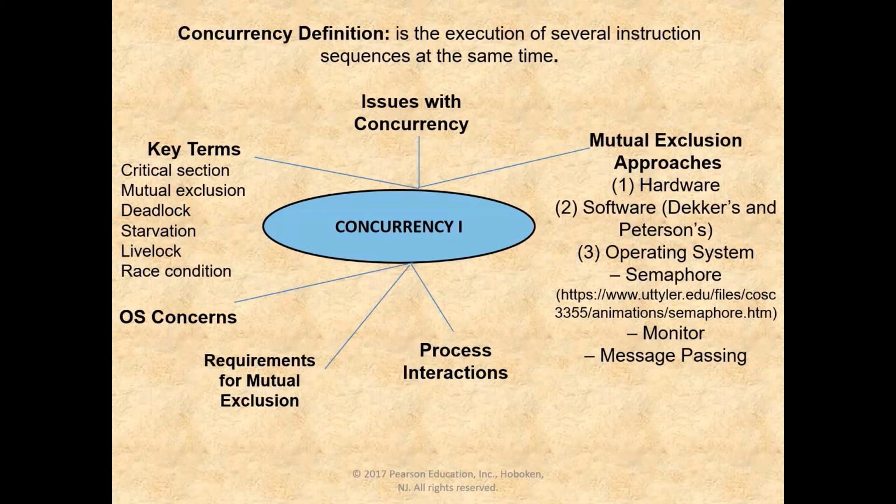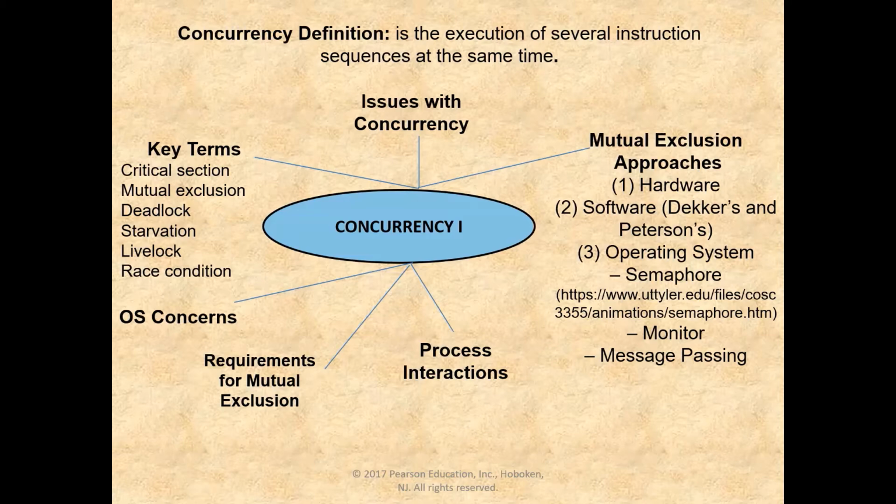Then we will look into the requirements for mutual exclusion and the process interactions that require mutual exclusion, and also involve deadlock and starvation problems.